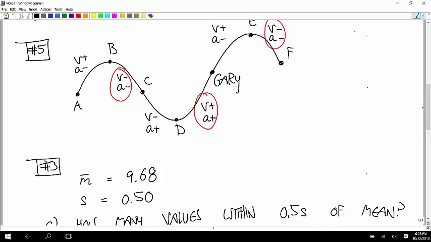So that's positive, I guess. Because towards the end of C to D, it's going into a cup shape. Okay, yes. Thank you.